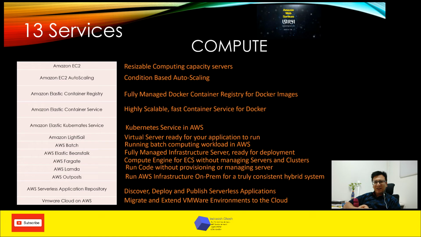AWS Outposts. It is exactly the opposite of cloud migration. What do you mean by cloud migration? Mainly there is an on-prem server available, and you want to make it available in cloud. AWS Outposts tells you a completely different thing, exactly the opposite to be precise.